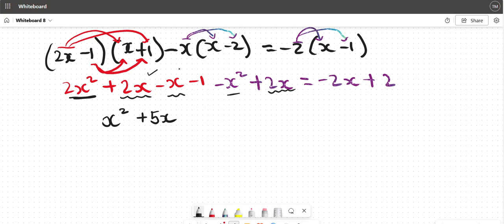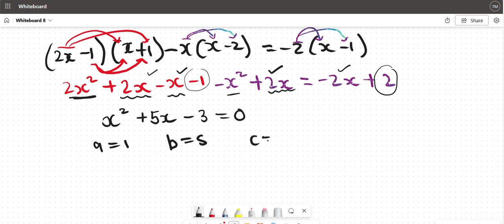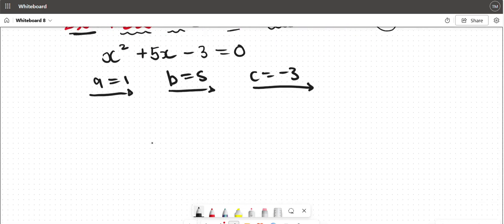I'm doing a 2 minus a 1 plus a 2, that should give you a 3. And then you are adding another 2, that should give you a 5. Then lastly, you have this 1 here, minus 1, with this 2 there, which gives you a minus 3, if you bring them all to one side. Then you have this, and your A is 1, your B is 5, and your C is negative 3. Right? I'm going to substitute them into my quadratic.